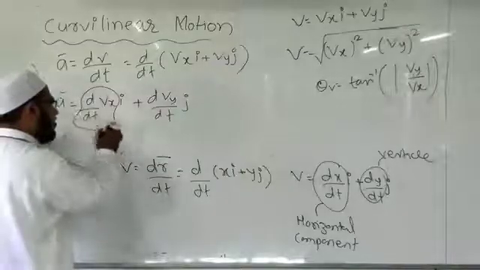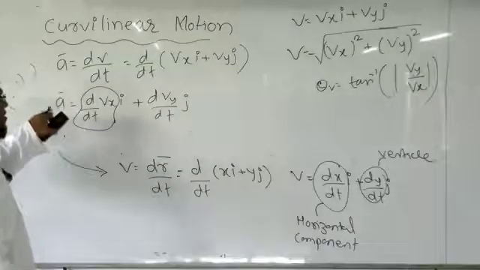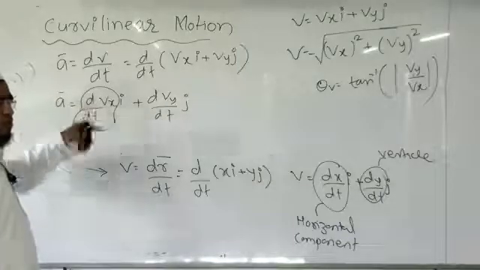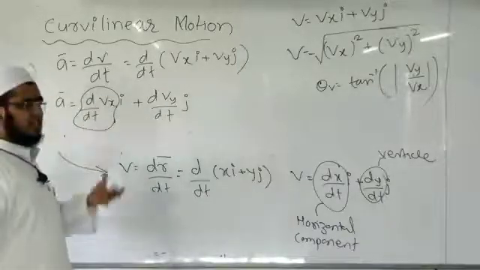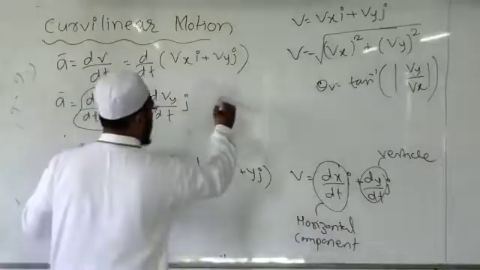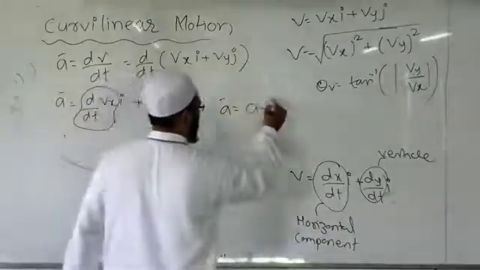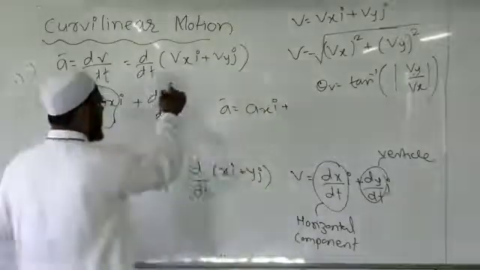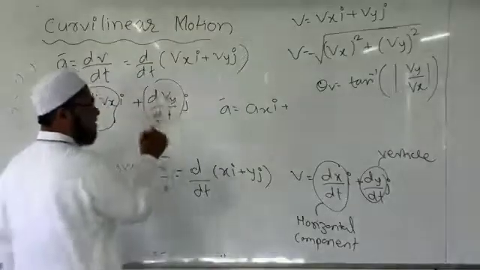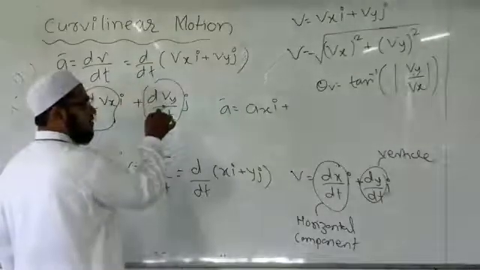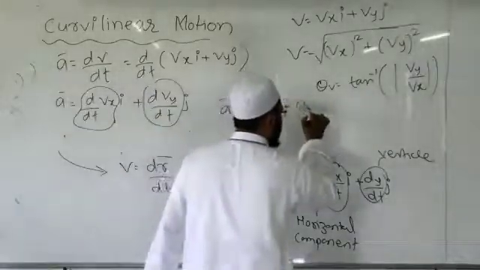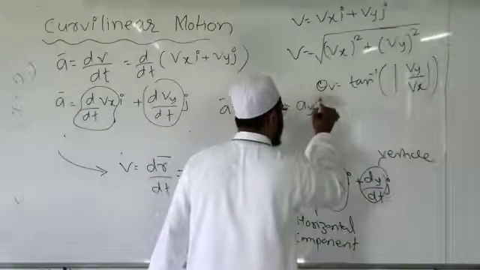It is the horizontal component of the acceleration, because the rate of change of velocity is acceleration. Similarly, dvy by dt is the rate of change of the vertical component of the velocity. That's why it is the vertical acceleration, ay.